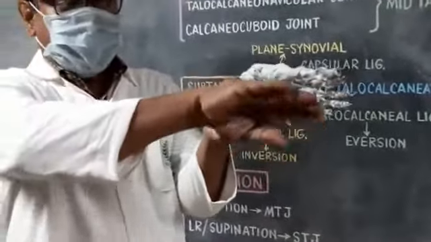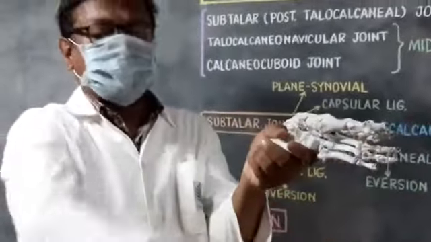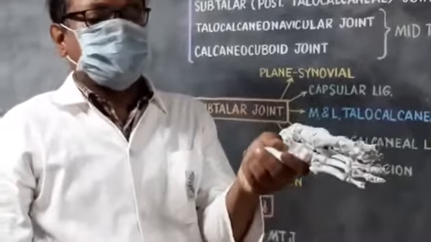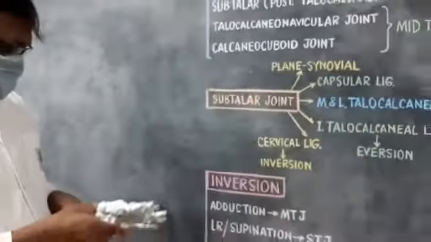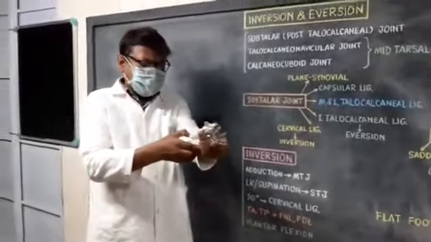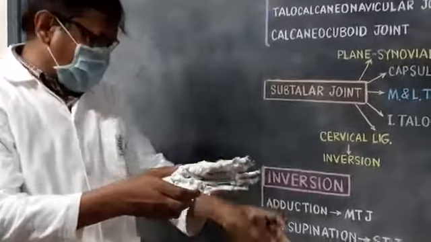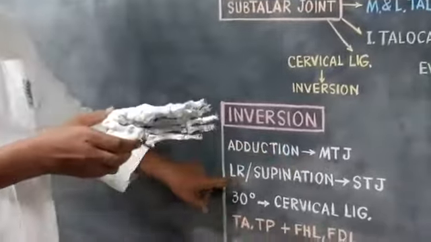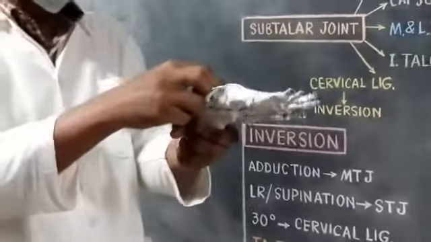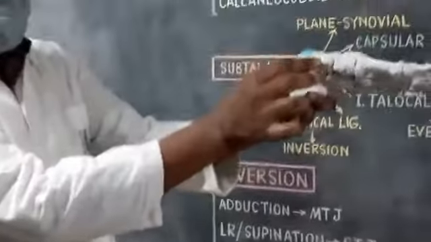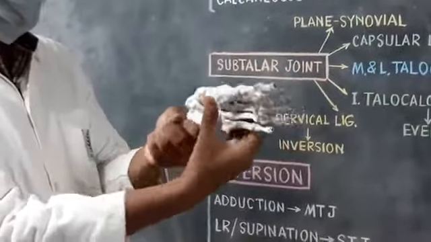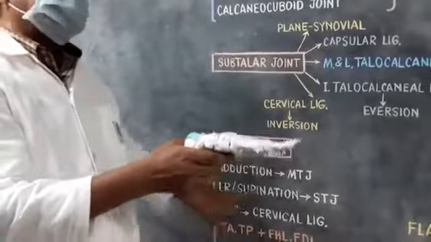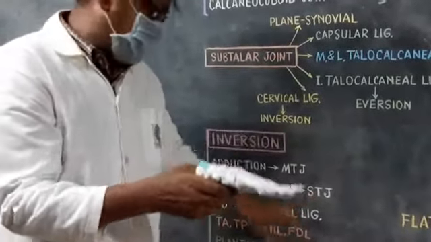So, the sole of the foot looks downwards and medially. Whole part of the foot undergoes adduction at mid-tarsal joint, followed by supination at subtalar joint.